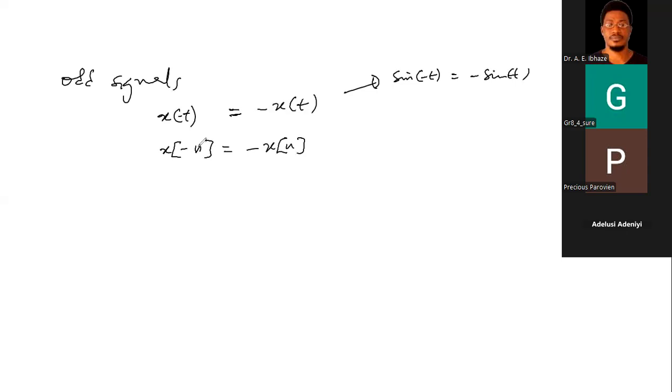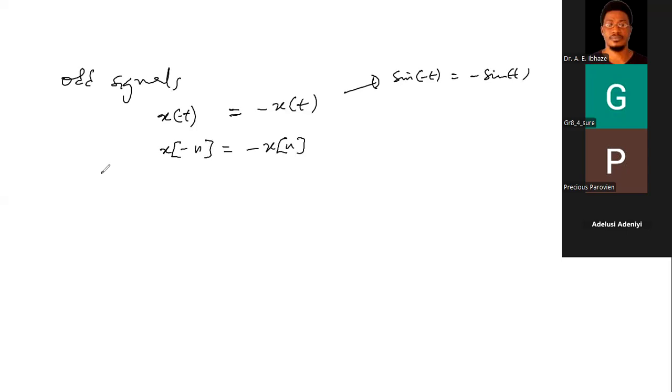Now, the idea about the odd signal is that it is anti-symmetric. Remember, we mentioned that the even signal is symmetric about the signal axis or the y-axis. So the odd signal is anti-symmetric about that axis, such that the odd signal must go through the origin, okay?